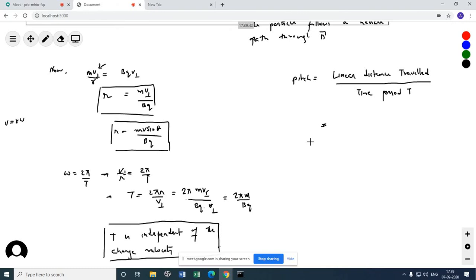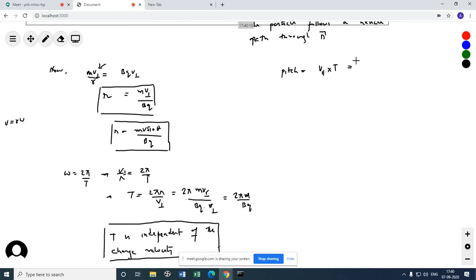Normally we know that pitch would be the v parallel component into time.